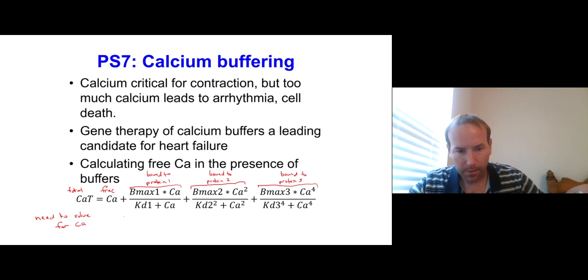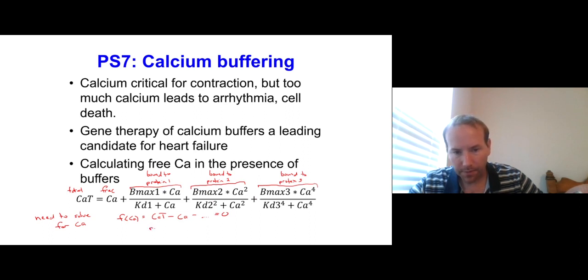In order to do that, we need to rearrange this equation to be F of calcium is the total minus the free minus each of the bound states equals 0.